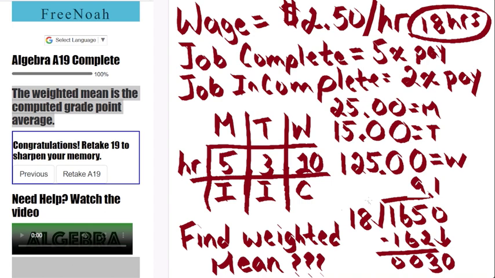Okay, so 18 goes into 30, right? 1 times 18, well, that'll give us 18. 30 minus 18, well, that'll give us 12. And if we keep dropping down place values, we'll drop another one right over here.